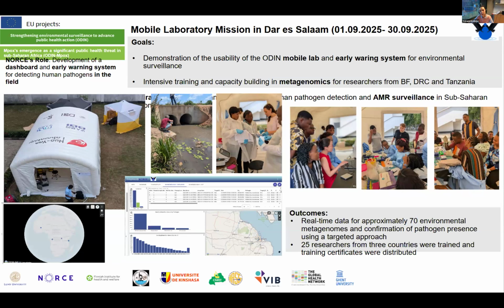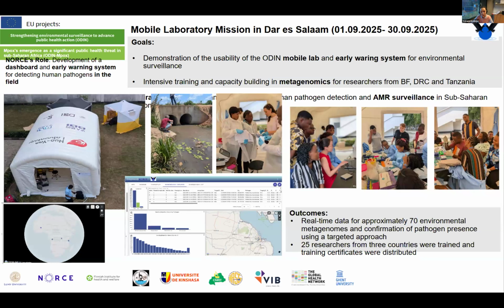In September 2025, we successfully deployed our demonstration mobile laboratory in Dar es Salaam. This initiative, while a departure from our initial plan, proved invaluable for mutual capacity building and knowledge exchange.